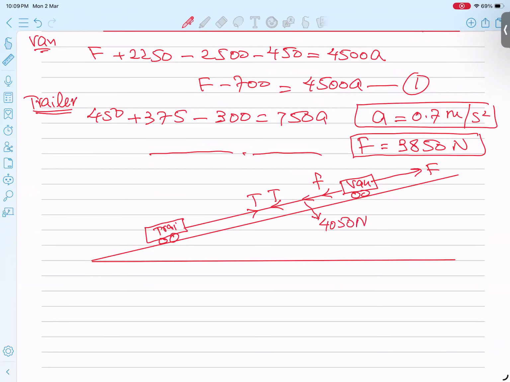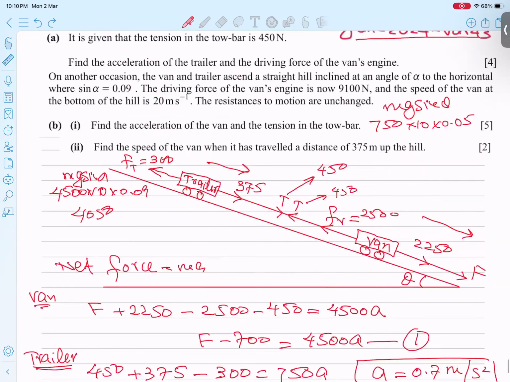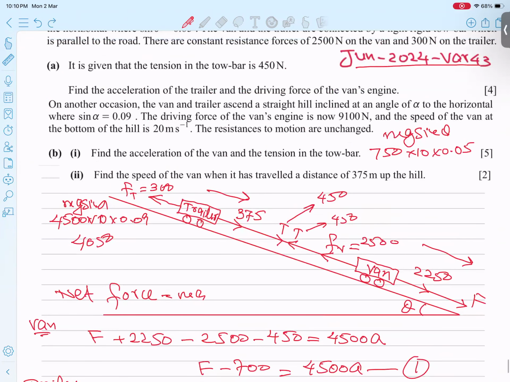So this is 4050 newtons. Now here two forces are acting downwards. One is a friction and one is a weight component. How to find this weight component? mg sine theta. Same story, students. I'm doing it now here. mg sine theta, so sine theta is 0.09.